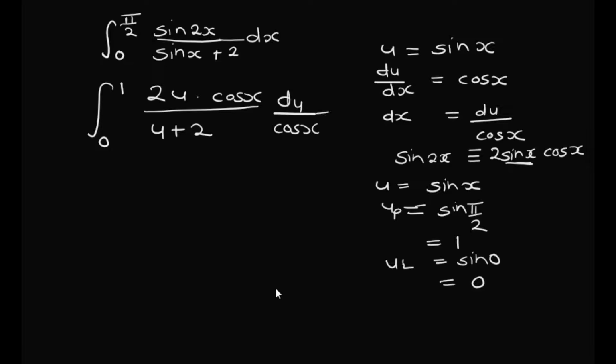So we can cancel the cos x and the cos x. Then we're left with the integral from 0 to 1 of 2u over u plus 2 du.